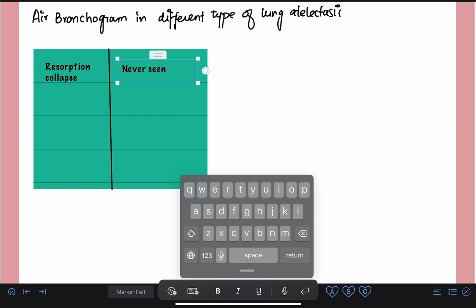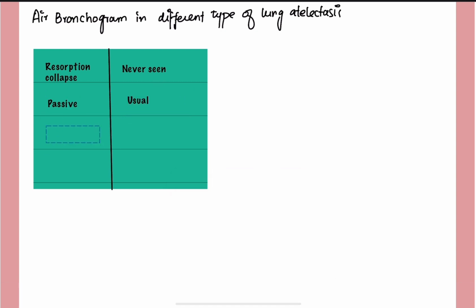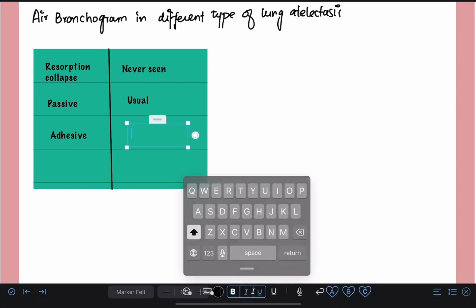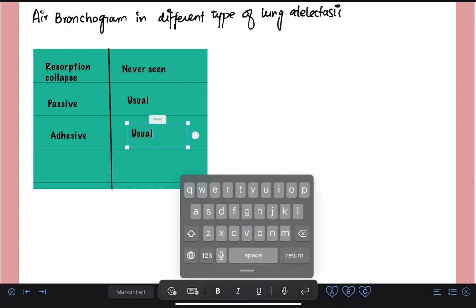Never seen. In passive collapse, it's usual. In adhesive collapse, it's usual. Cicatrization collapse is seen in fibrosis.